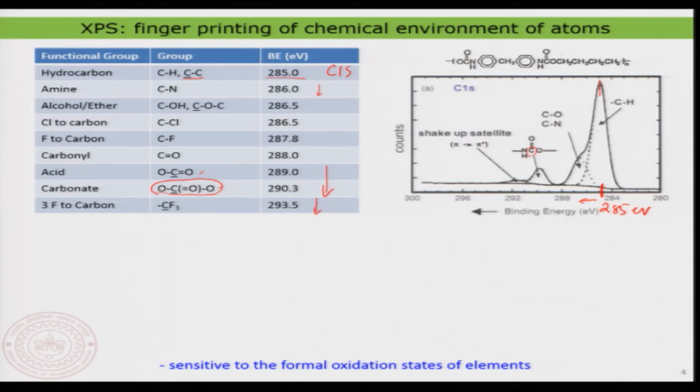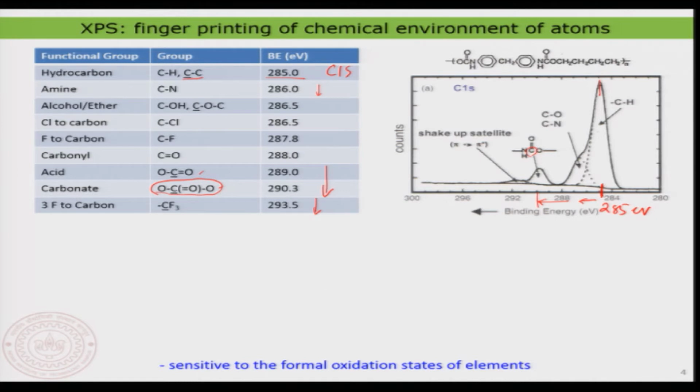And this particular carbon, which is connected to 2 oxygen and also 1 nitrogen, you would expect it to be shifted to a much higher binding energy, because that carbon is in a highly oxidized state. Now, you see the reason why these particular carbons are looking at different energies, and also now it makes sense how to analyze or identify that particular carbon, depending on the system that you are looking at.